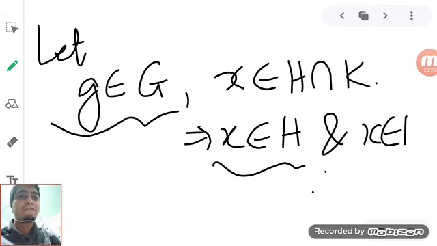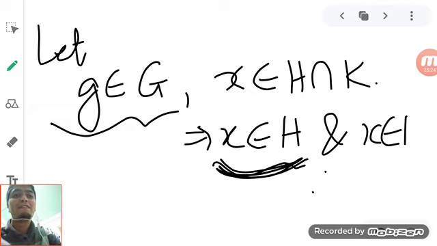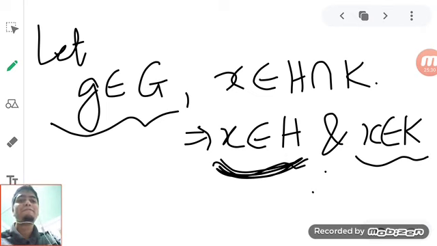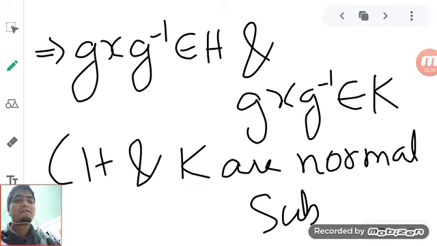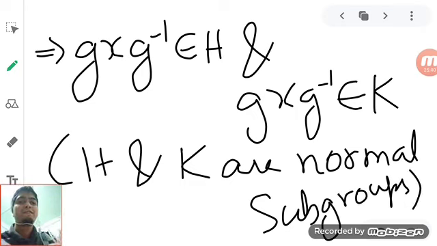You see this one: X is in H, then GXG inverse will belong to H. Similarly, X belongs to K, so GXG inverse belongs to K. That only works for normal subgroups. So that's why the reason is H and K are normal subgroups.